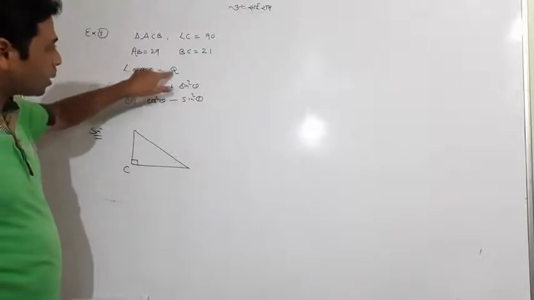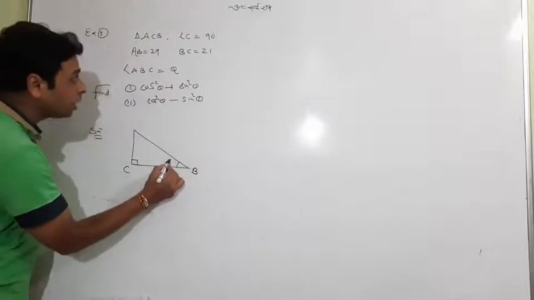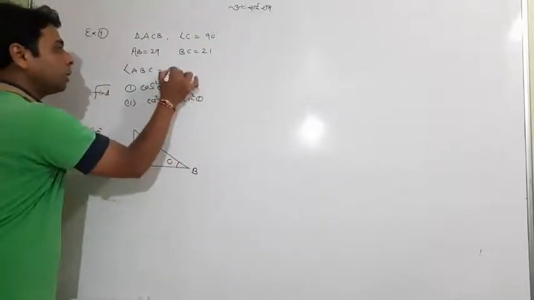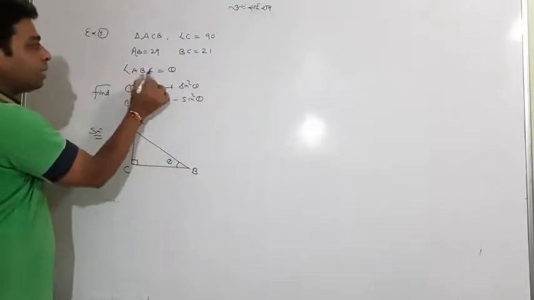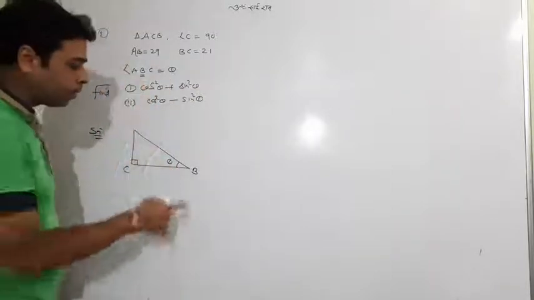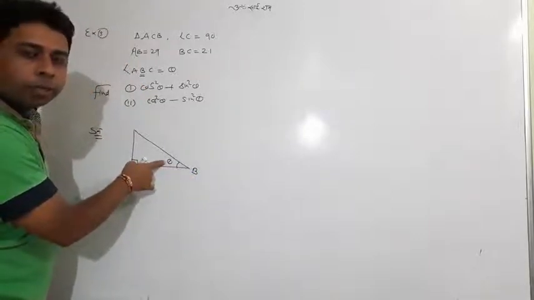I want you to write B here, so that ABC is equal to theta, meaning angle B is theta. Intentionally I have written B here, so that I can take theta as angle B, or B as angle theta.